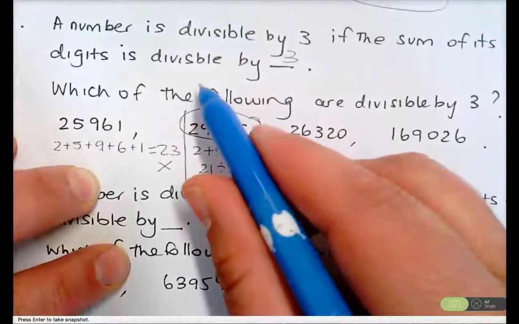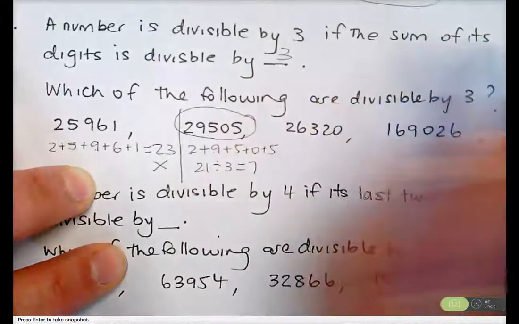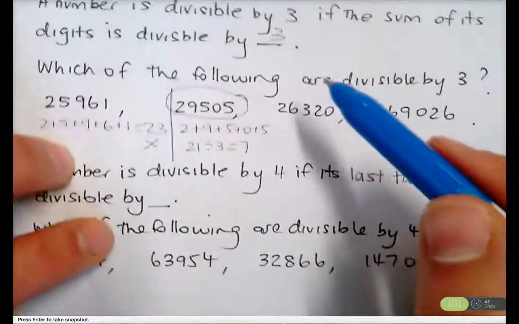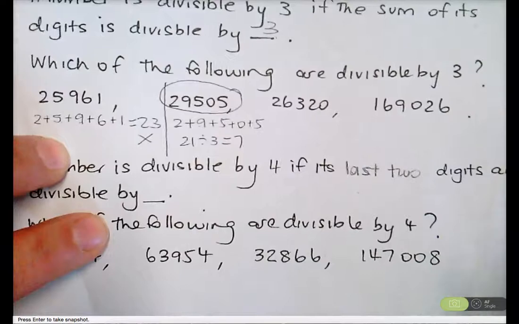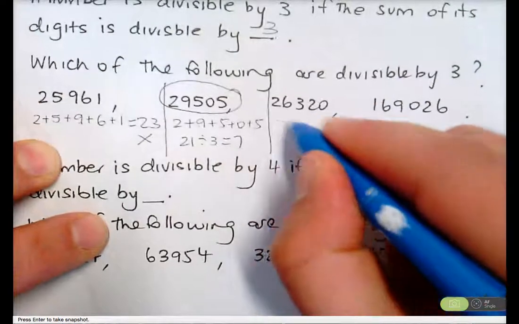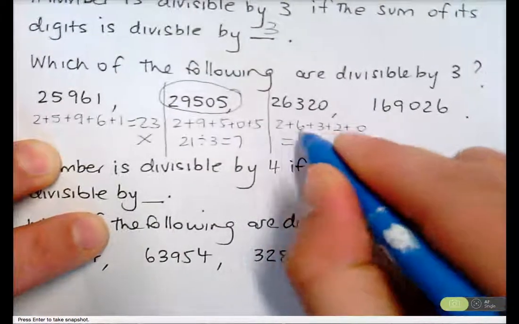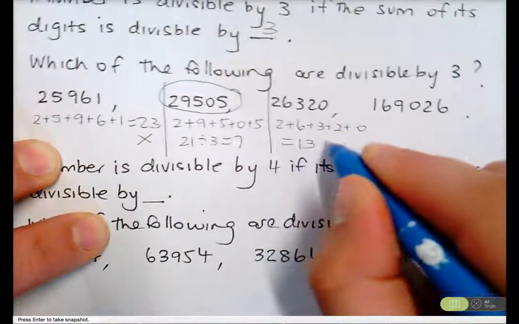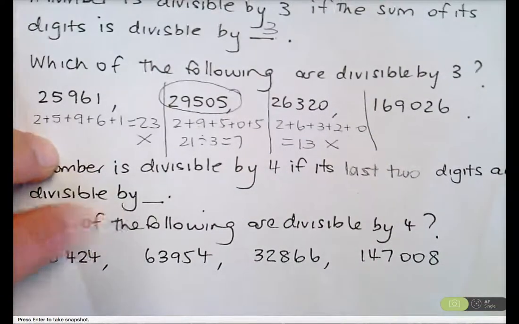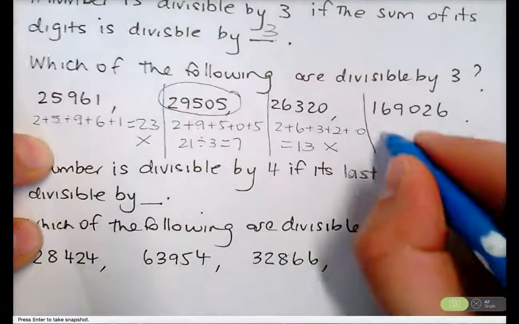So a number is divisible by 3 if the sum of its digits is divisible by 3. So that one's asked in a lot of exams. So the next one, 2 plus 6 plus 3 plus 2 plus 0, 8 and 5 is 13. That's not divisible by 3 because 13 is not in the 3 times tables.